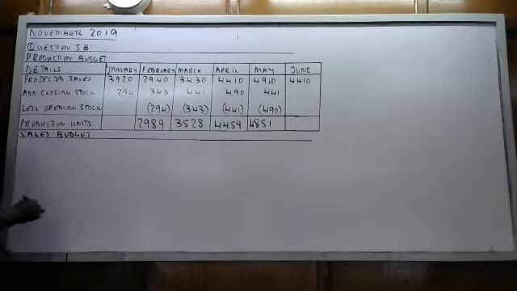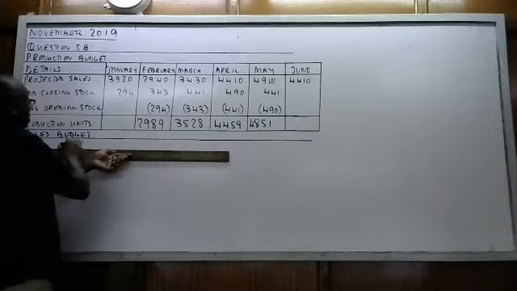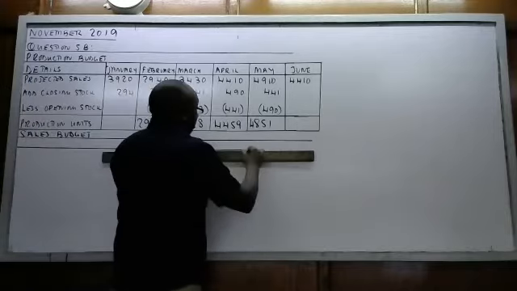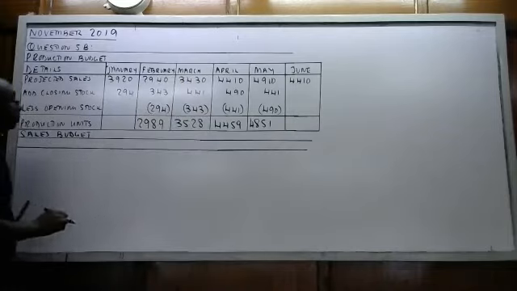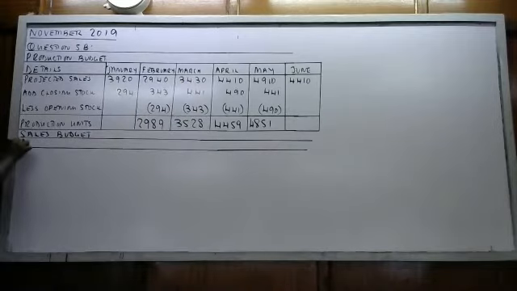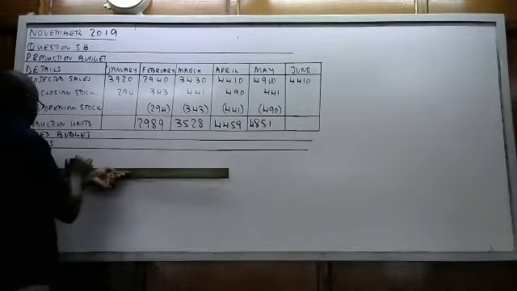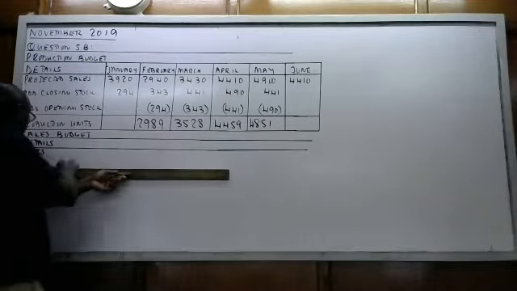Sales budget tunakuwaga na details. Then we have units, we have the price, and we have revenue. That is how it is designed.